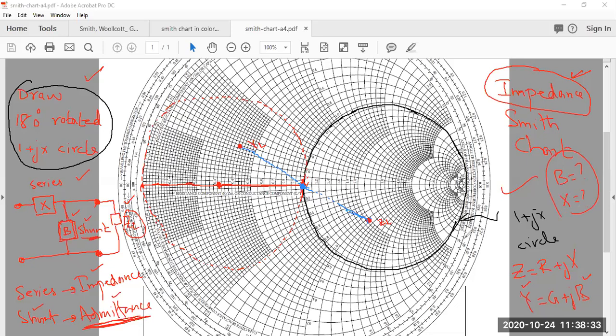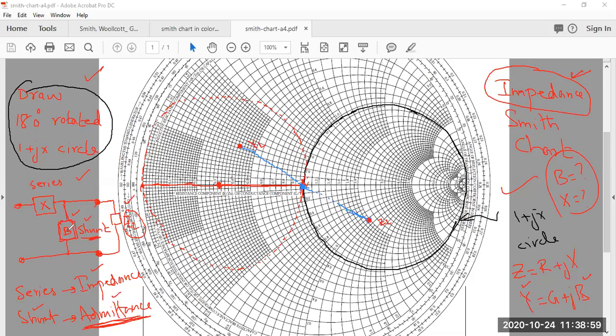Okay, but this is what you will do. Graphically, you have transformed the load impedance into load admittance. Now, when you connect this B to this Y, of course this is the load imaginary value, and this is the value of B that you will connect.